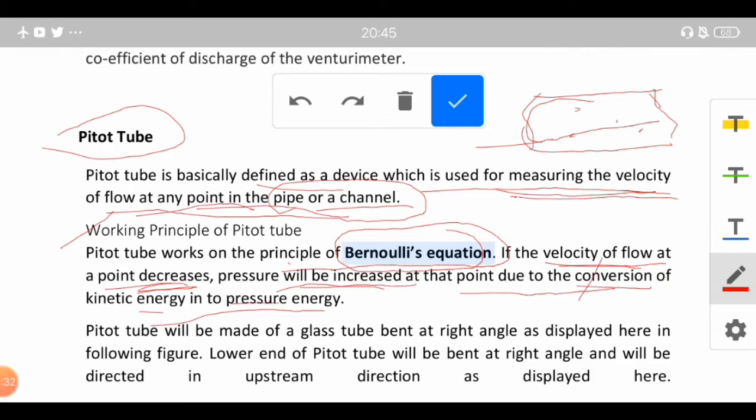So suppose the pitot tube is kept horizontally, and therefore there is no change in elevation, so the potential energy is neglected. But energy, as you know, can never be created nor destroyed. So if the velocity of flow at a point is reduced, the kinetic energy will also reduce.